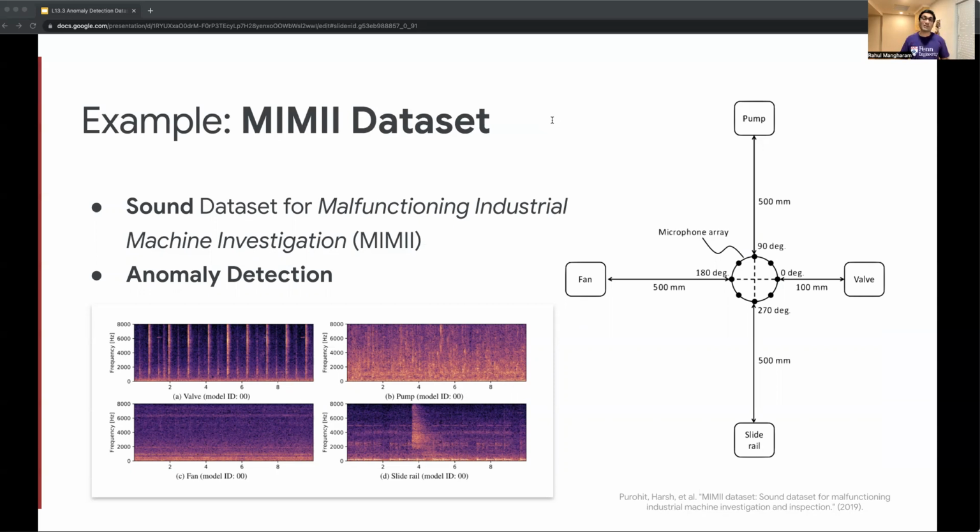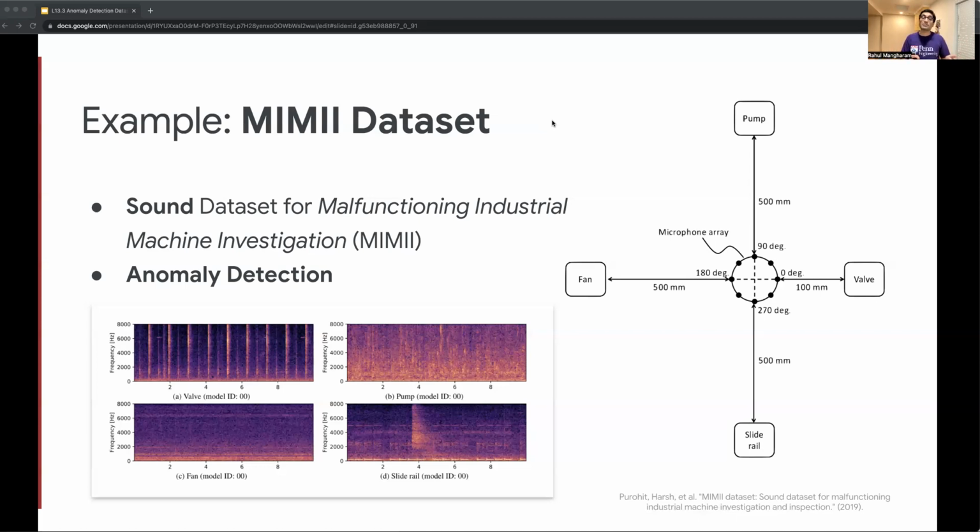It's a collection of sounds. And what the data set's creators have done is they've instrumented things like pumps, fans, valves, and so forth, and captured different kinds of sounds that they make, both during normal operation as well as abnormal operation in real factory settings. So the spectrograms here visualize different kinds of sounds in different modes of operation.